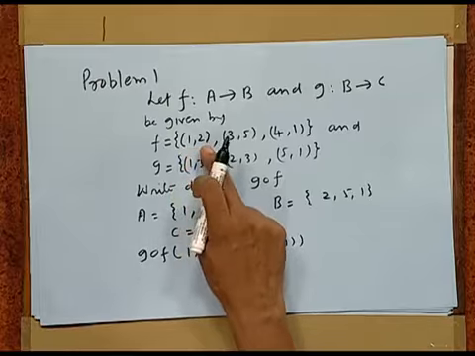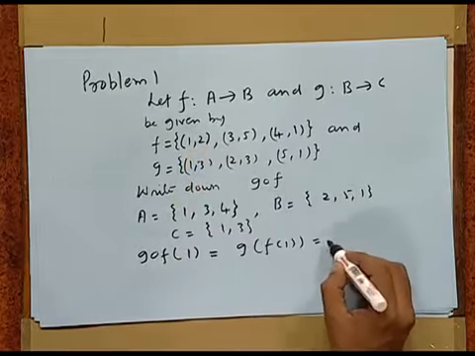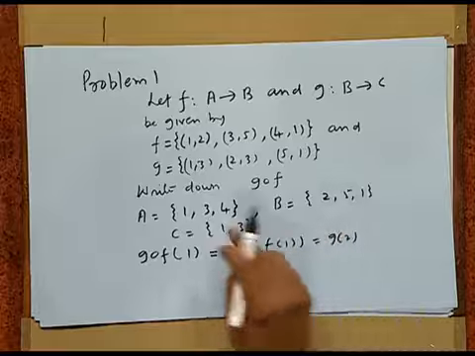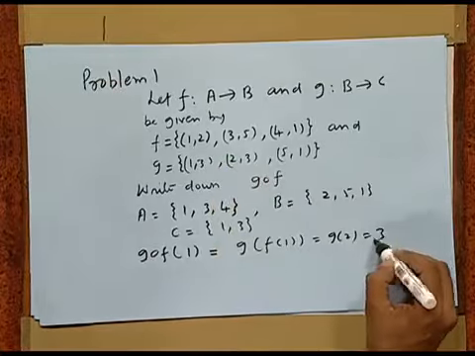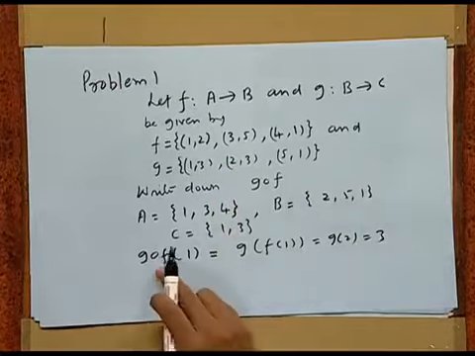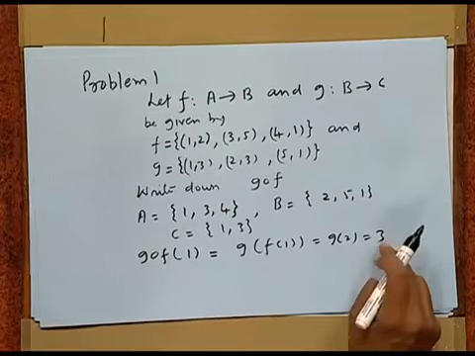F of 1 is 2. So we have G of 2, and G of 2 is 3. So eventually GOF of 1 is just 3.